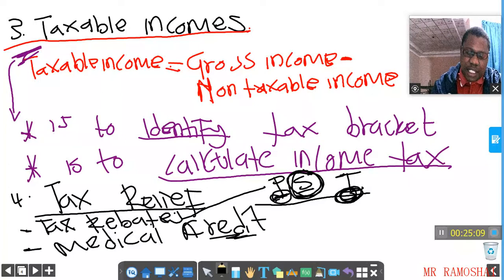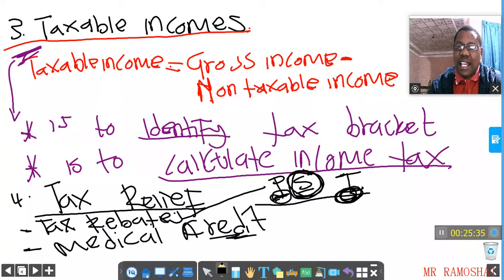You see, the government employee, they are only relieved from tax based on the medical aid credit, provided that they use GEMS. This is an example that I'm giving you. Provided that they use GEMS. So the amount that they are paying for GEMS, they are not going to tax that amount.